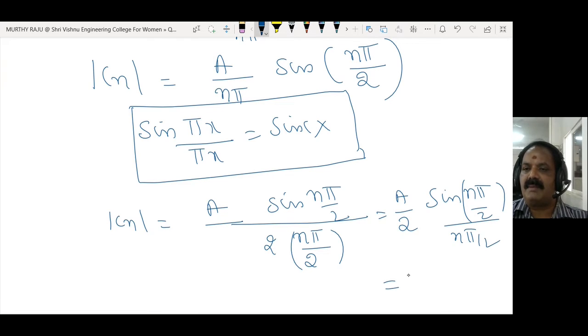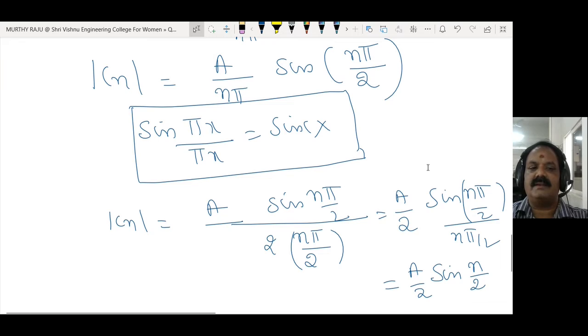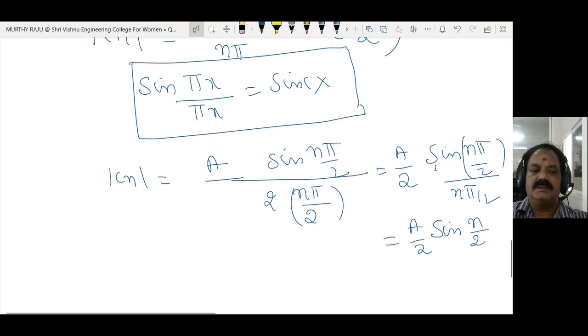Sin n pi by 2 by n pi by 2 is sinc n by 2. This is the sinc function. Here sin pi n by 2 over pi n by 2, this is A by 2 sinc n by 2.